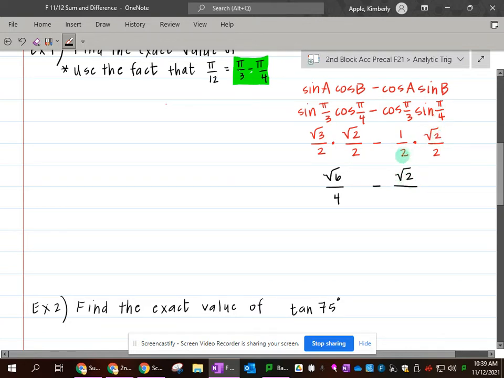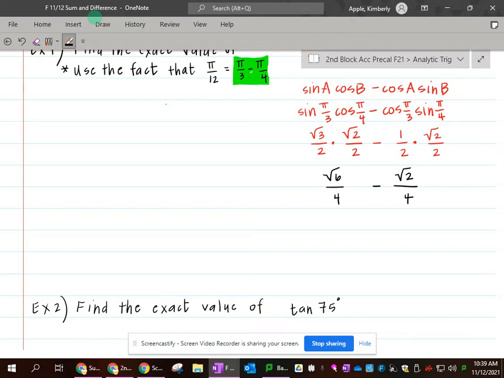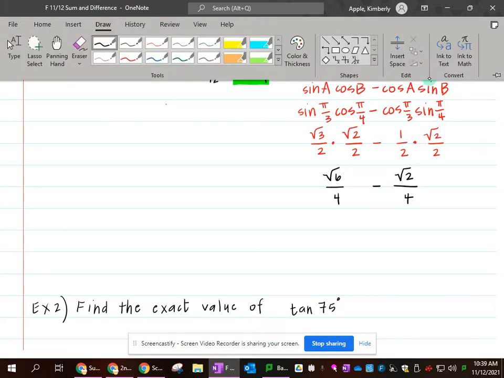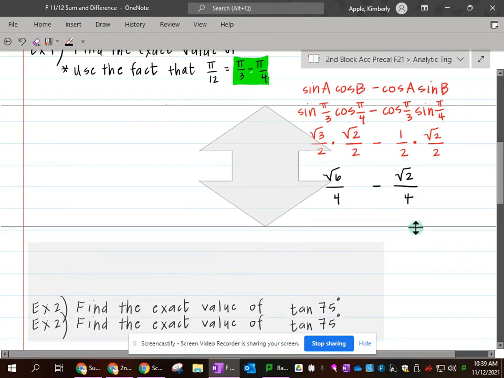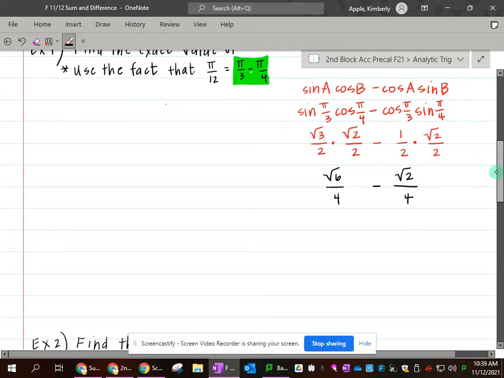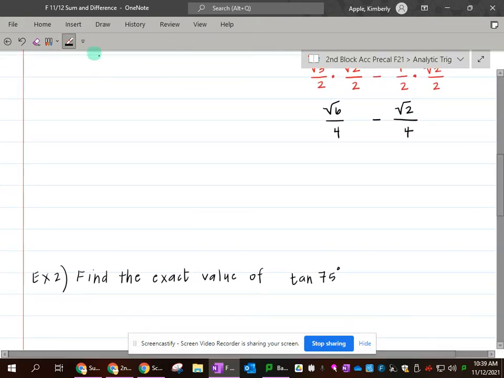And again, the denominator is 2 times 2 is 4. Well, we're almost there. I'm going to combine those two fractions, which should be simple enough because they have a common denominator already, right? So your final answer here would be root 6 minus root 2 over 4. And this is the exact value of the sine of pi over 12.